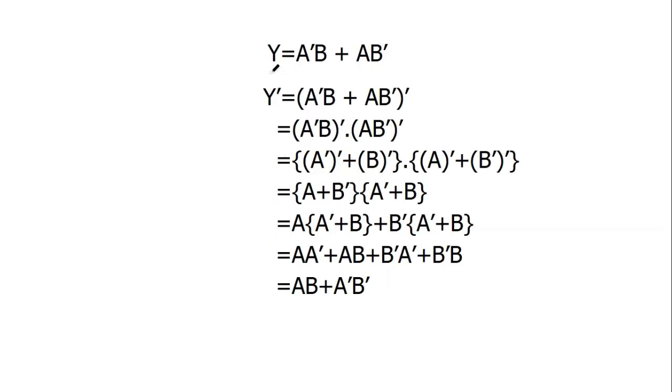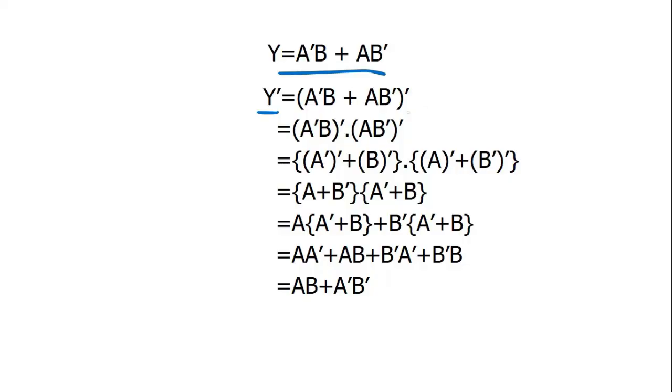Consider this expression Y is equal to A bar B plus A B bar. This is the logical expression of XOR operation in the SOP form. Now we try to get the Y complement, that is this entire term complement, that is (A bar B plus A B bar) the whole complement.